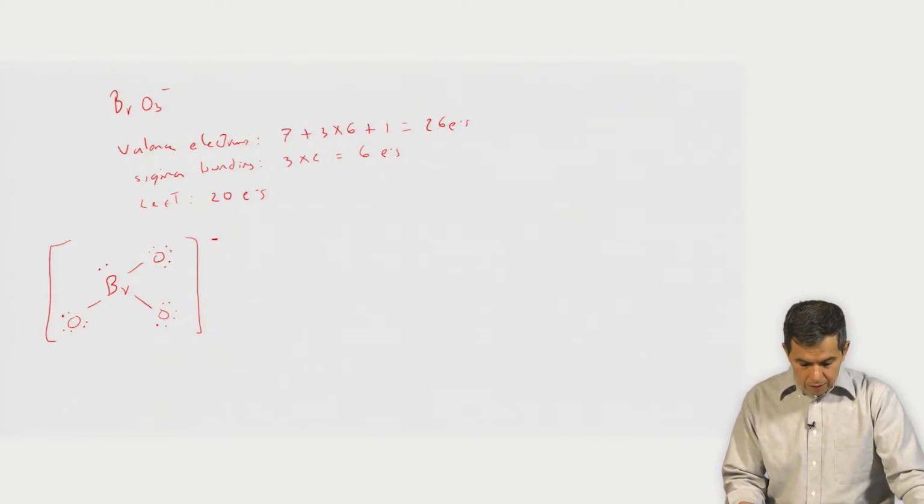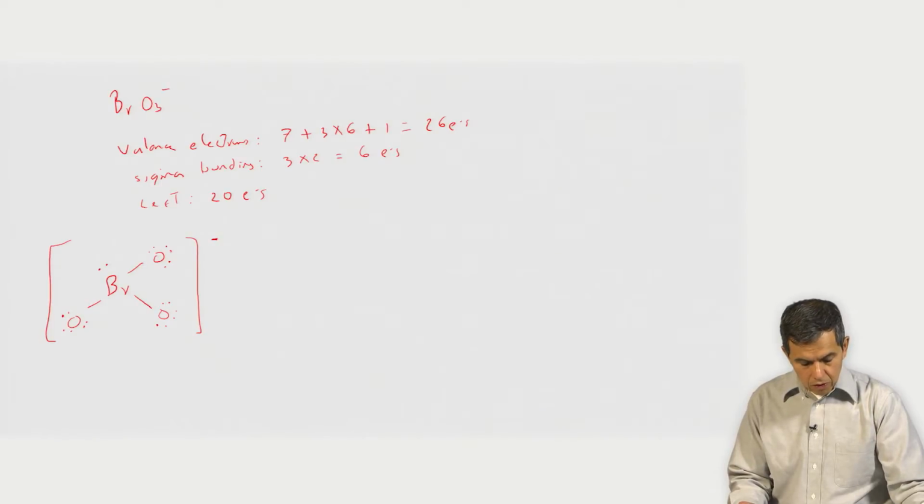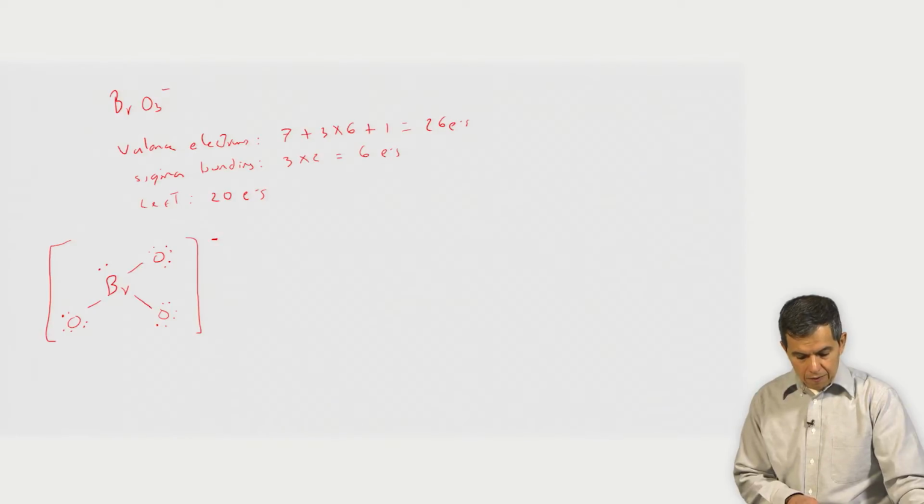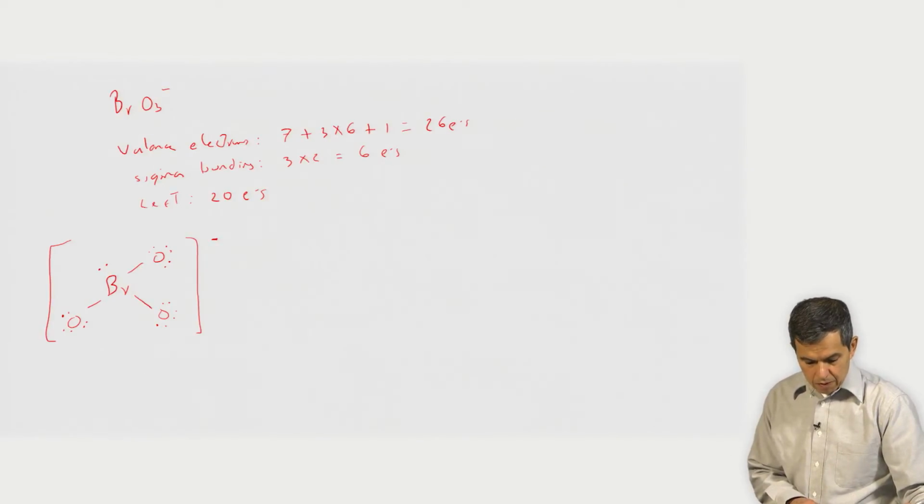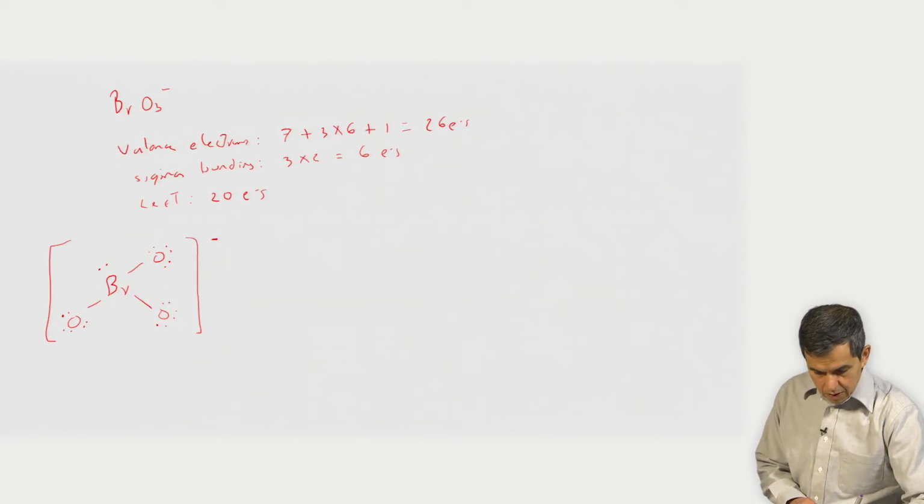So based on this Lewis structure, we know that we're going to have a molecular shape of the type AX3E1.